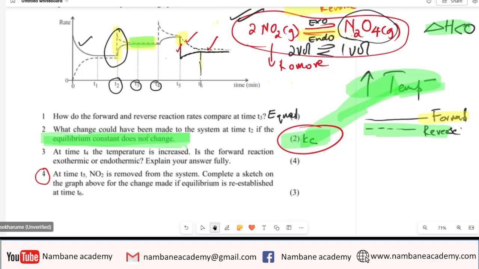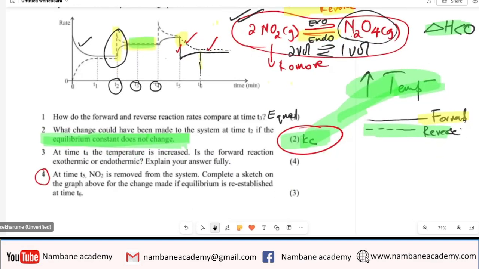Oh, okay. At time T4, the temperature is increased. Now they talk about the temperature, meaning here at T2 it must be pressure. So at T4, the temperature is increased. Is the forward reaction exothermic or endothermic?